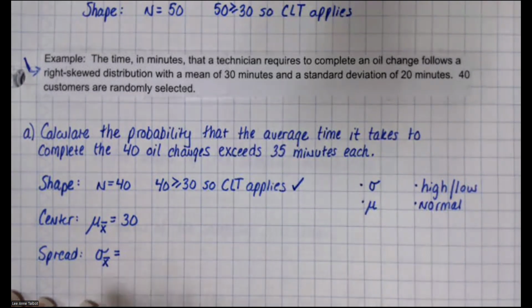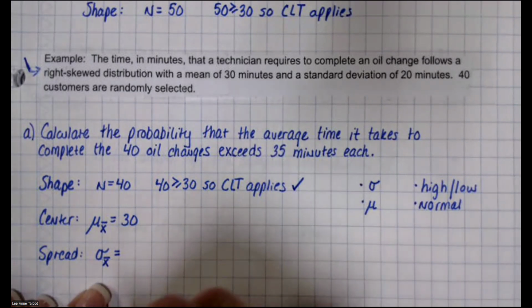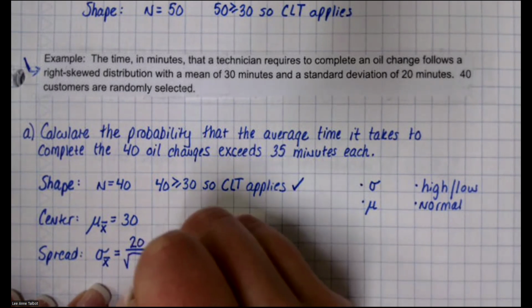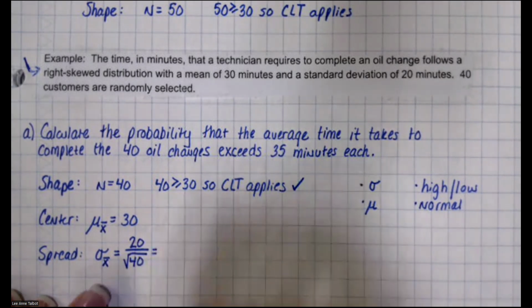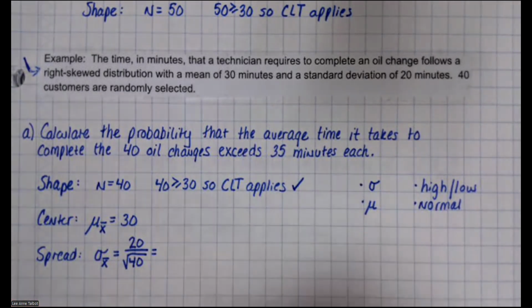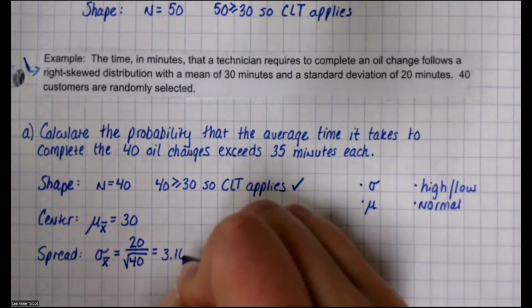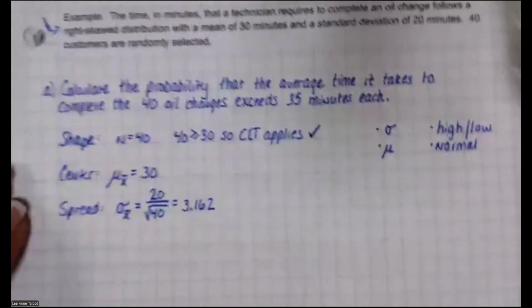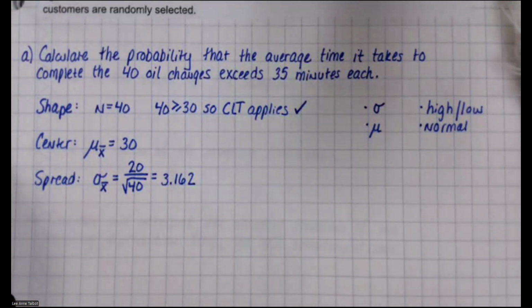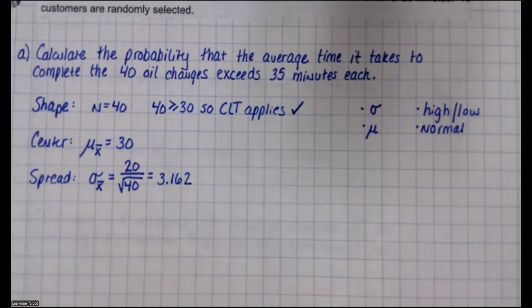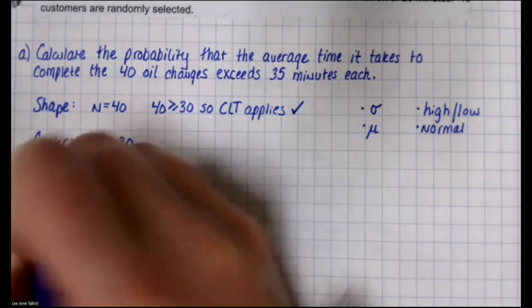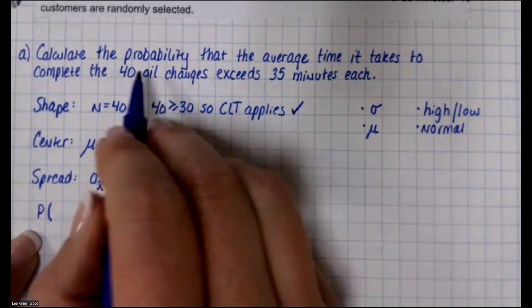No. So 20 divided by square root of 40, which is 3.162. Okay, now do we have everything we need? So we're going to start with our low and high next.